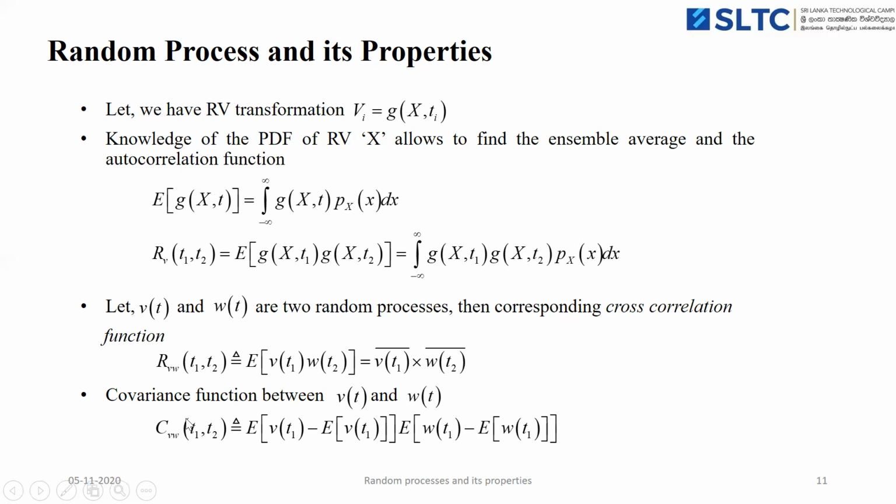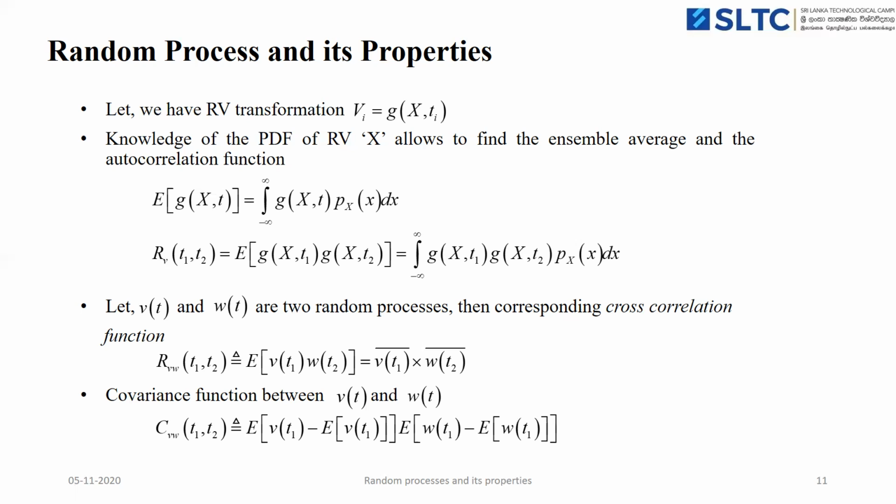Then we can find the covariance function between the two random processes v of t and w of t. We represent it by C vw of t1 comma t2. The C indicates the covariance, R indicates the correlation. The variance formula we know for the random variable, the same formula we need to apply here: expectation of v of t1 minus expectation of v of t1.